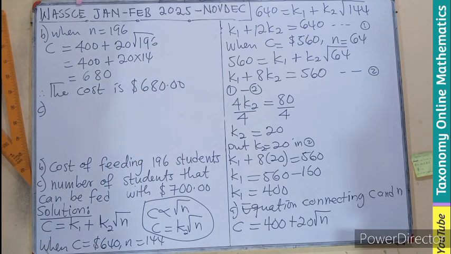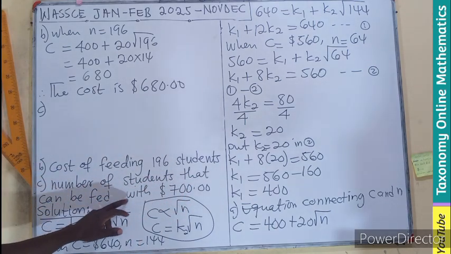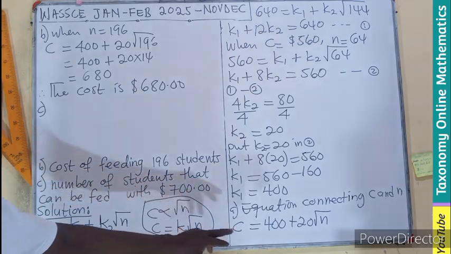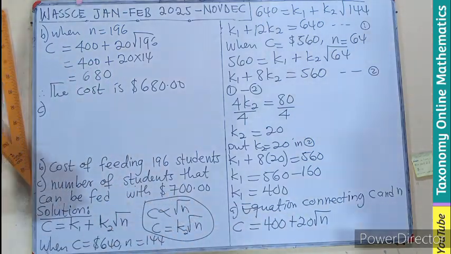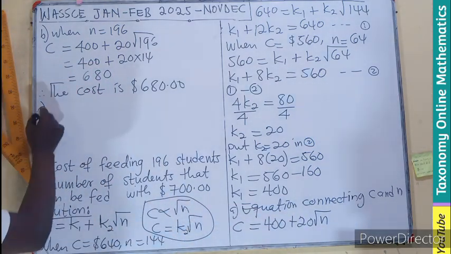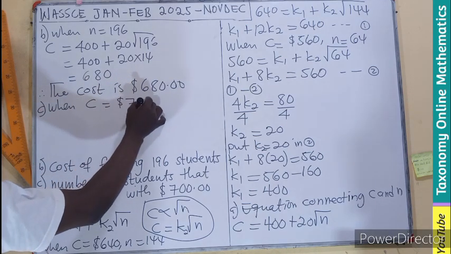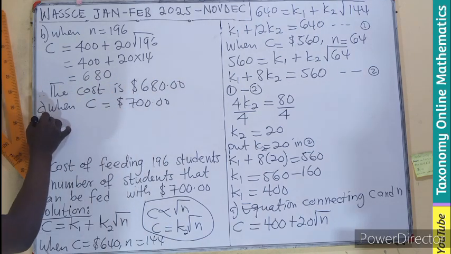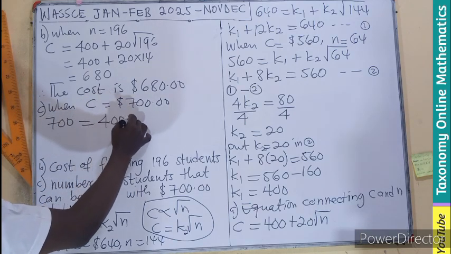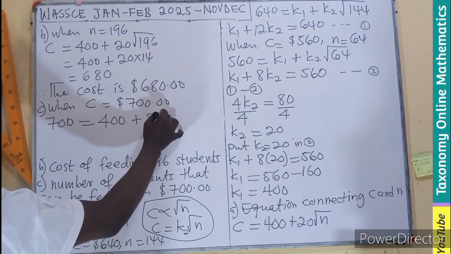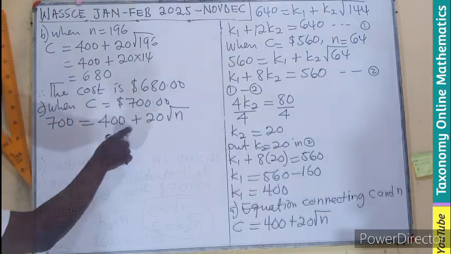Then for the C, what are we looking for? The number of students that can be fed with $700. We are looking for the N, and the cost is 700. So here, when C is 700, it means 700 equals 400 plus 20 root N. So we are going to transpose this.